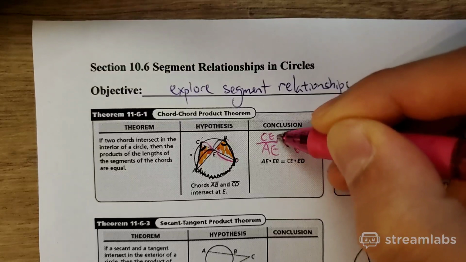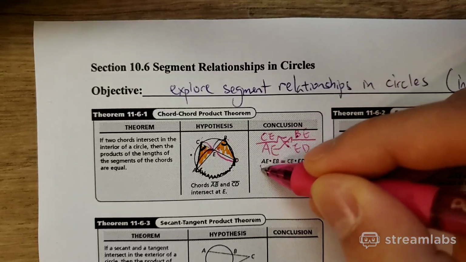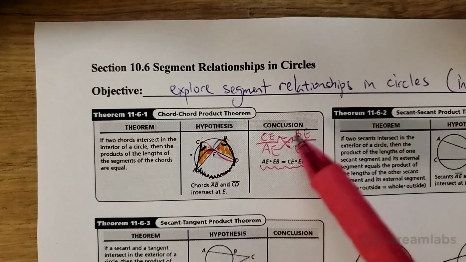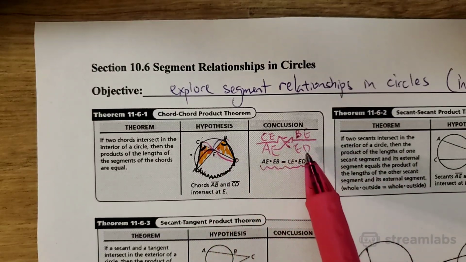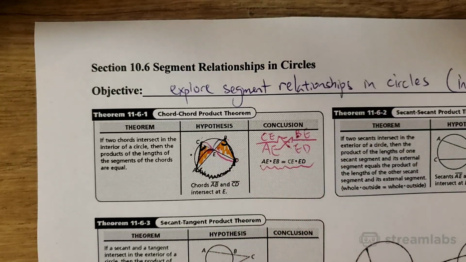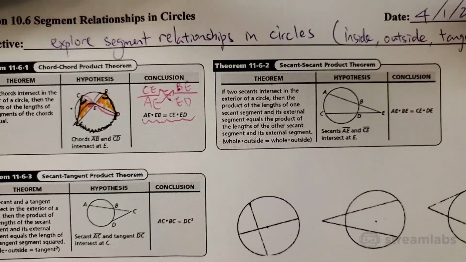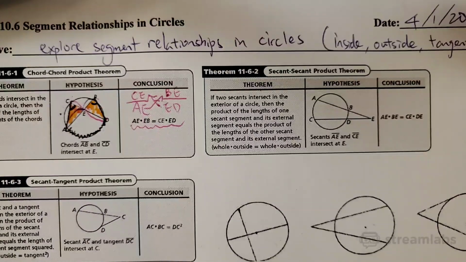Then you cross multiply, and you get this. So you're using the similar triangle proportion theorem, and when you cross multiply, you get this theorem. Similarly, you will have the other two theorems as well. I'm not going to prove them, but they use similar ideas to prove.